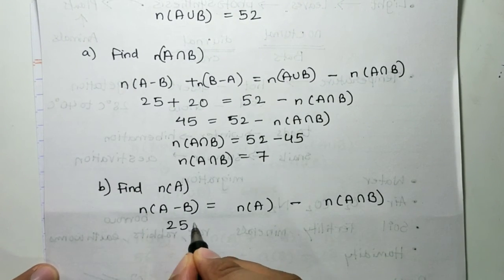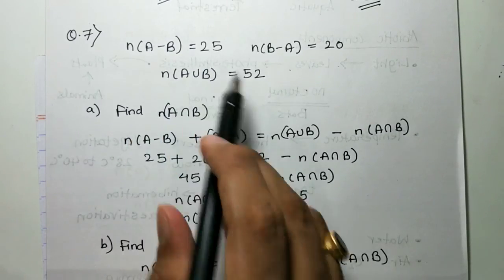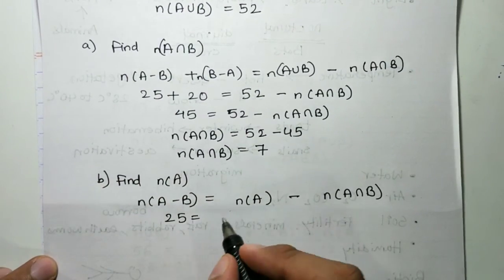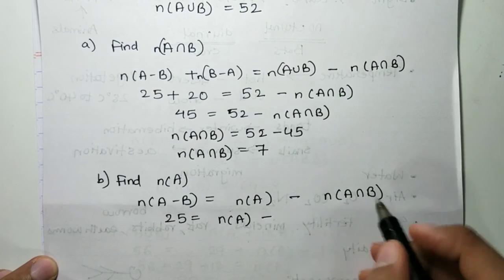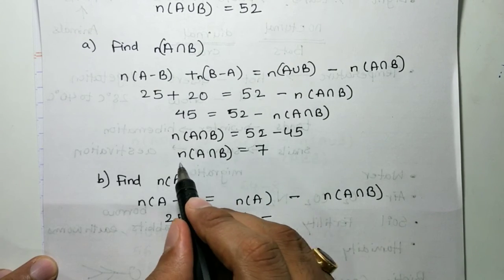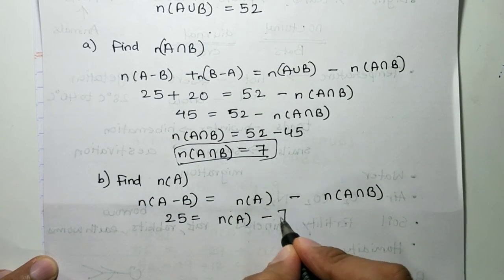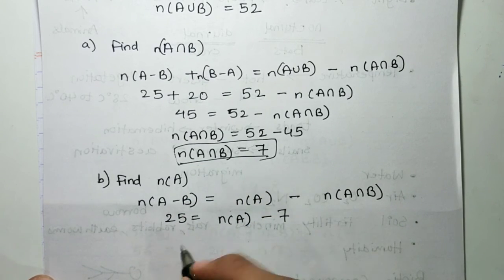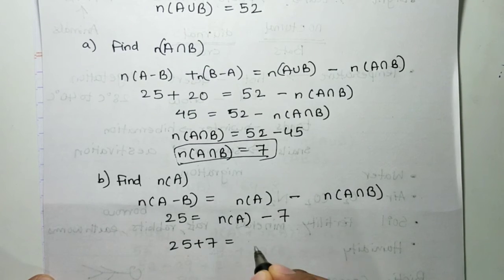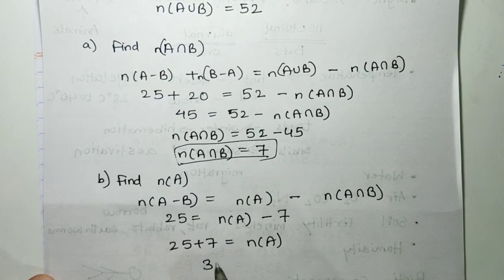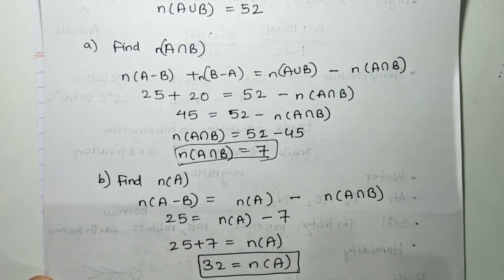It is given in the question, it is 25. A, we don't know, but we know A intersection B. Just now we found A intersection B. That is 7. Now this 7 will go here. So what is the answer? 32. Cardinal number of A is 32.